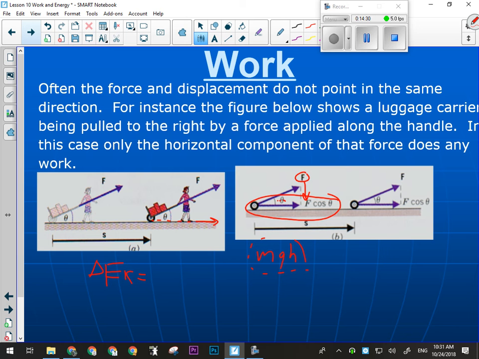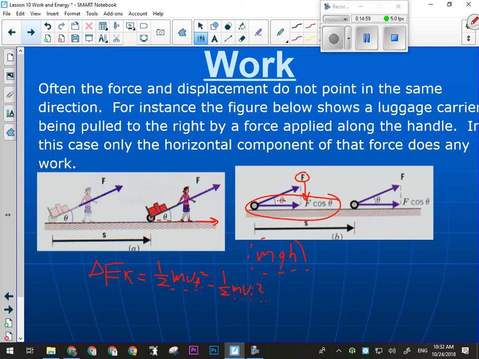Remember the change in kinetic energy would be 1/2 mvf squared minus 1/2 mvi squared. This is the formula for kinetic energy. If there's no change in velocity, then there's no change in energy, and thus there's no work done on the object. But it still takes energy to pull it along even at a constant velocity because I'm working against friction.